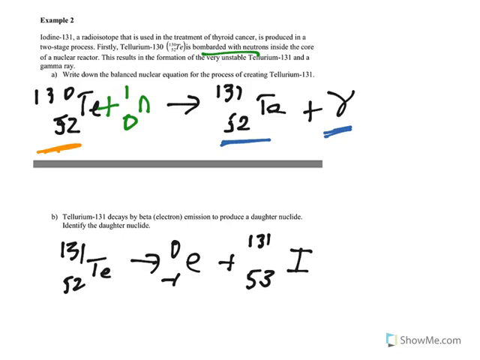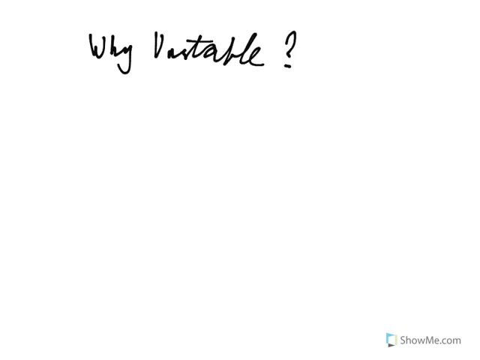So the question comes about then, why unstable? There are some videos on the strong nuclear force and the weak nuclear force. So inside the nucleus, what have we got? We've got the strong nuclear force.